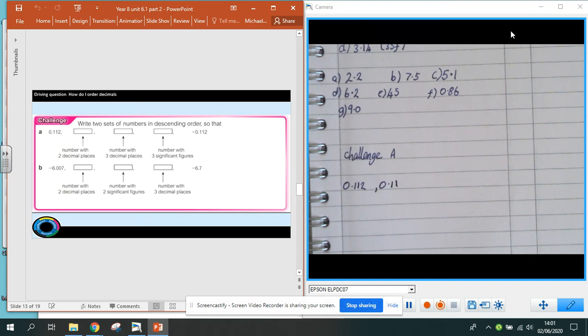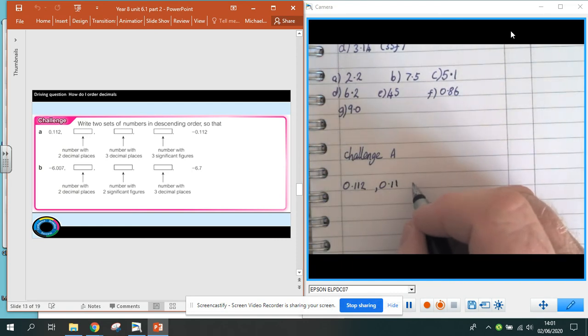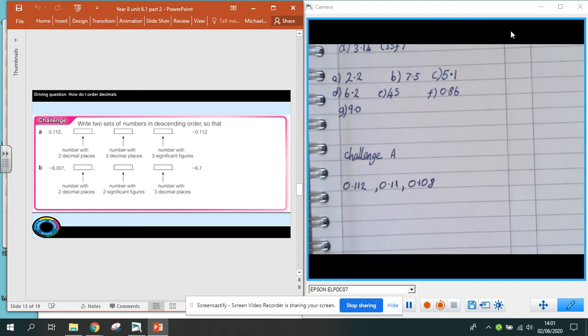My next number has to be a number with 3 decimal places, and it's got to be smaller than those, so I'm going to choose 0.1008, 3 decimal places, and lastly a number with 3 significant figures.